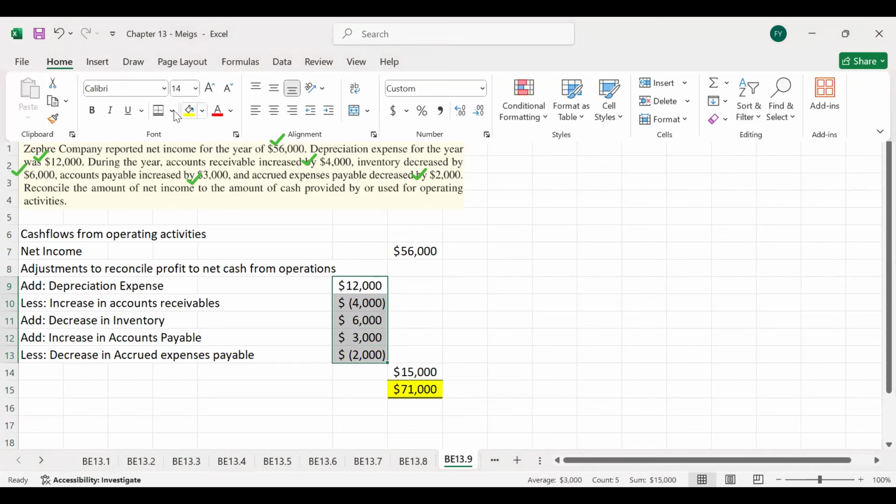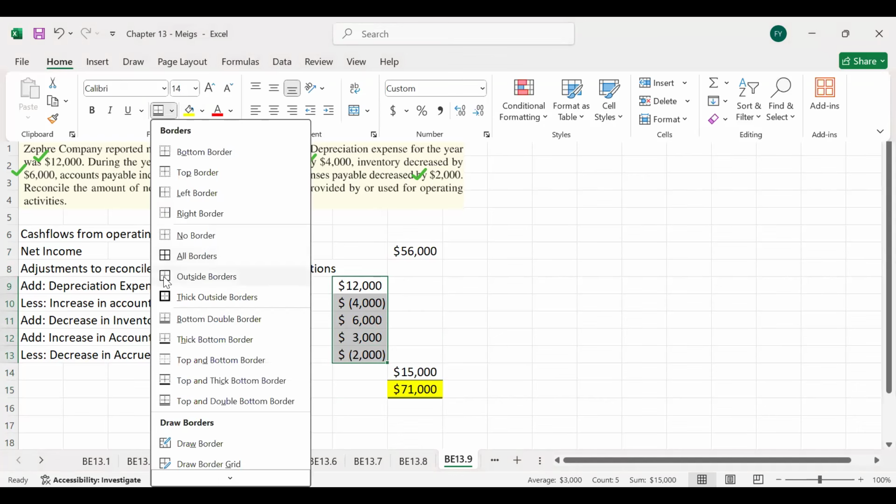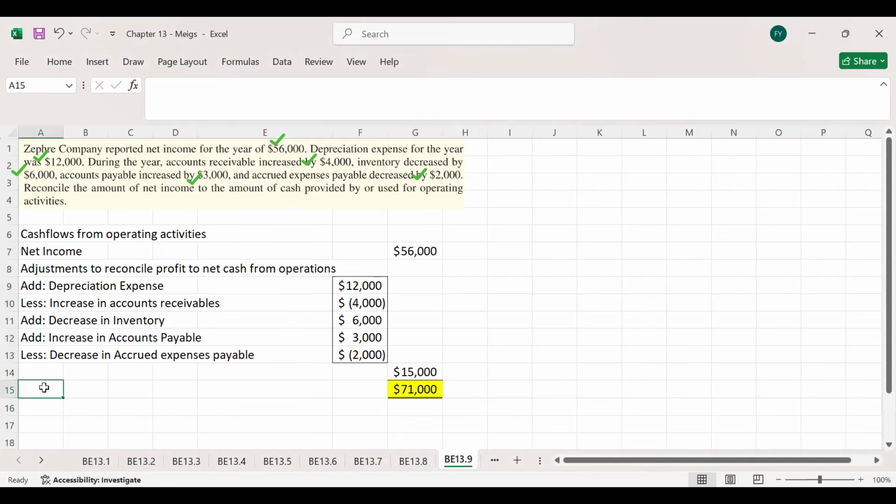These are the adjustments. We present them in the inner column, and here is the answer, cash provided by operating activities. So this is the indirect method of calculating cash flows from operations.